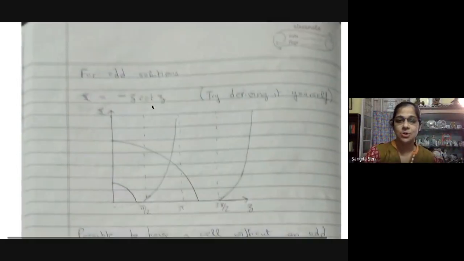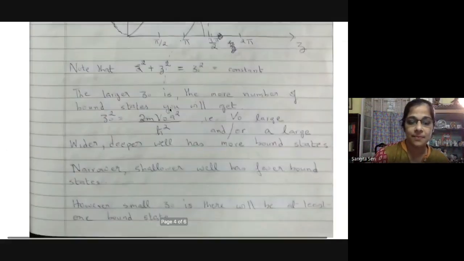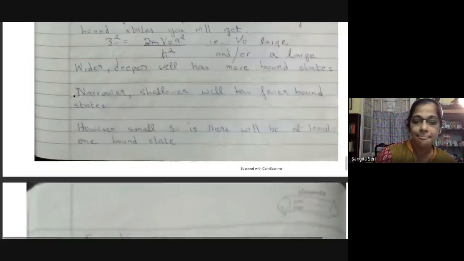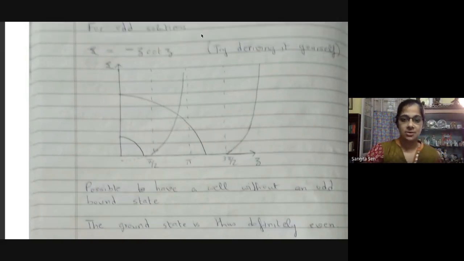Okay. Now for the odd solutions, the solution turns out to be actually xi equal to minus Z cot Z on the left hand side. So instead of tan, you have cot and you have a negative sign. Then the plots start at pi by 2 for the odd solutions. And it's again a similar situation with the cot plots. Okay. And then the Z0 circles are still there, the circles with radius Z0.